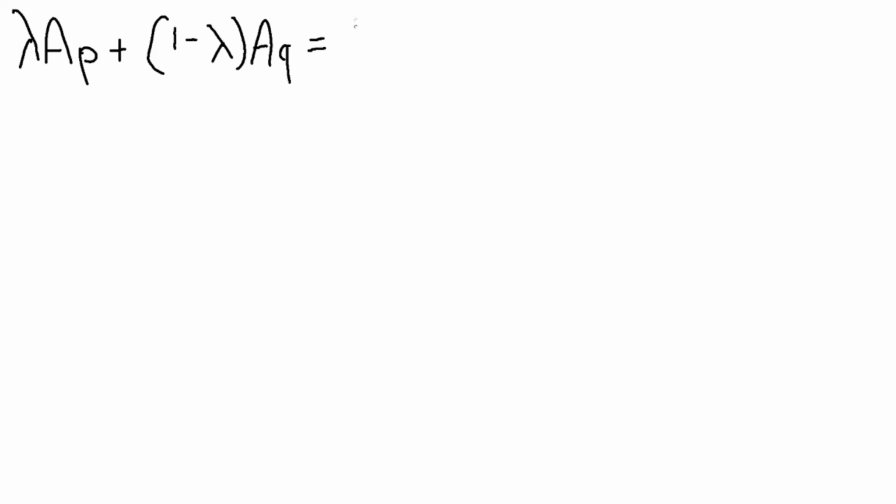So let's start with lambda AP plus 1 minus lambda AQ is equal to lambda b plus 1 minus lambda b.